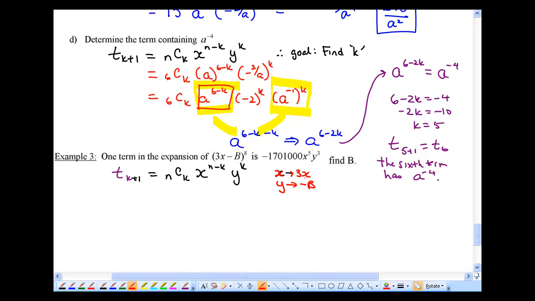Okay, and we know n also is 8. So let's put this in. n c k, x, which is now 3x, to the power of 8 minus k, times y, which is negative b, to the power of k.